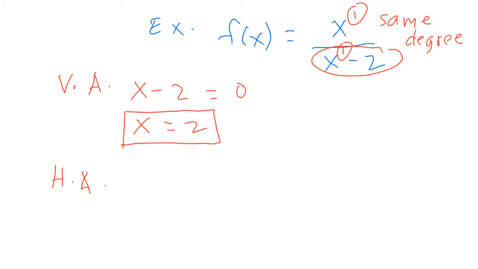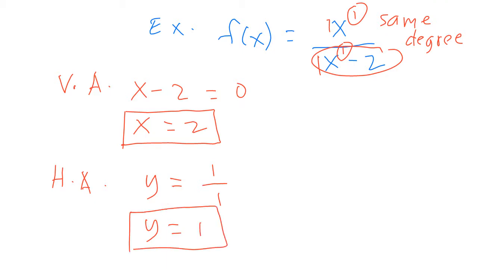So we will get y for the horizontal asymptote and then set that to the leading coefficient of the top and the bottom. So the leading coefficient here is 1, and we have also 1 here. So our horizontal asymptote would be y is equal to 1 over 1, or just 1 divided by 1 is 1. So that would be our horizontal asymptote. Slanted asymptote is none at this point. If there is horizontal, there's no slanted.